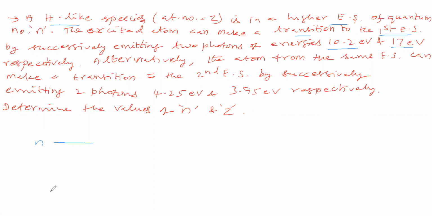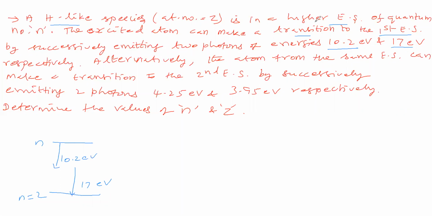It is coming to the first excited state, which means n is equal to 2. By emitting 10.2 and 17 electron volt photons, it first comes to some level emitting 10.2 electron volt, then from this level it jumps here, emitting 17 electron volt.